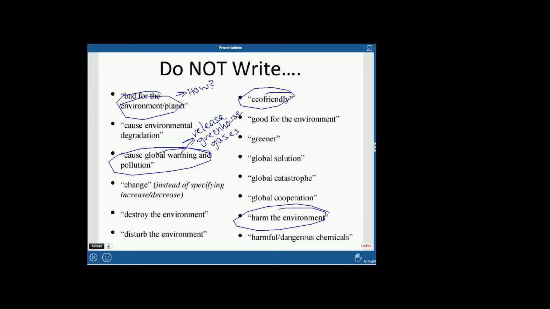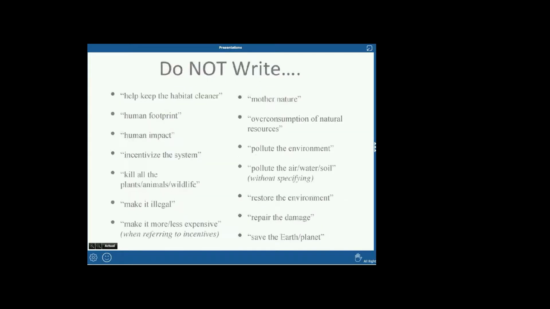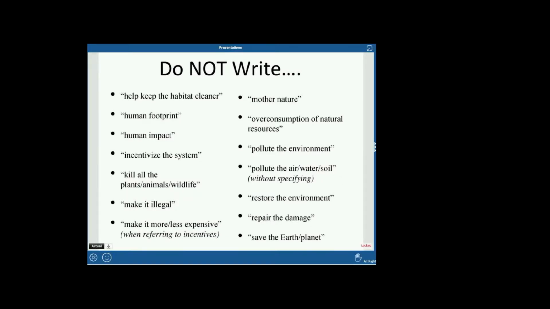Okay, so let me see. I've got a couple pages of these because there are a lot of vague phrases. Mother Nature, human impact. I see this a lot, make it illegal, especially in discussion postings. They'll say, make a solution for this problem, like the genetic testing of fish discussion or salinization, and they'll say, make it illegal.